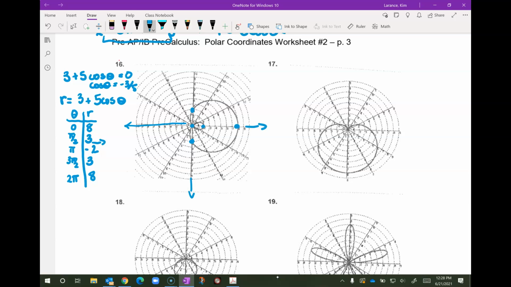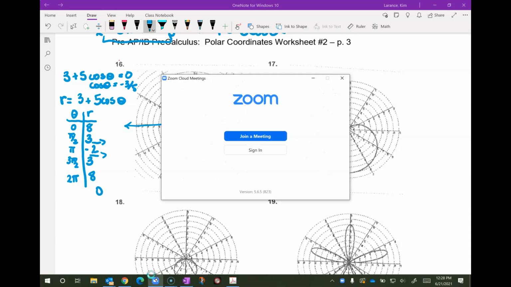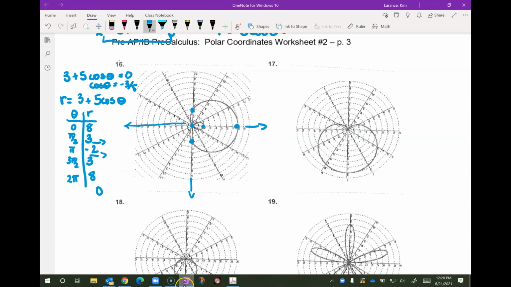It would happen again in the third quadrant where cosine is negative. So these answers would be pi minus the inverse cosine of 3/5 and pi plus the inverse cosine of 3/5.